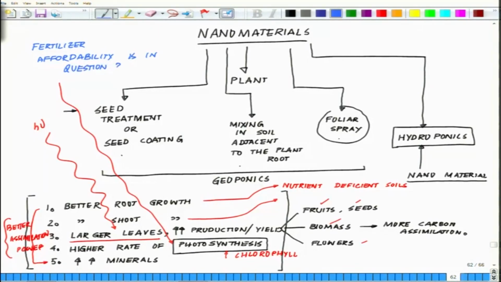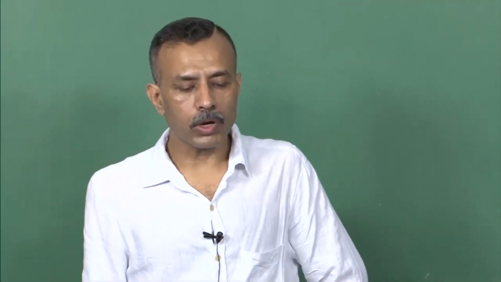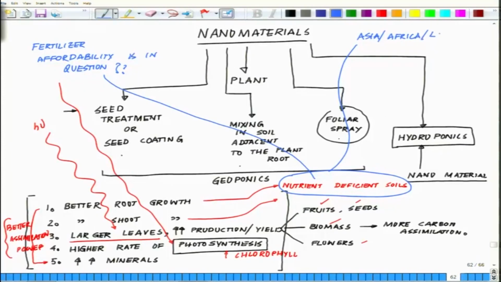Where fertilizer affordability is a question, nano could come as one of the most potent tools to counter the problem, and mostly this fertilizer availability is directly linked to nutrient deficient soils of Asia, Africa, Latin America, to name a few.